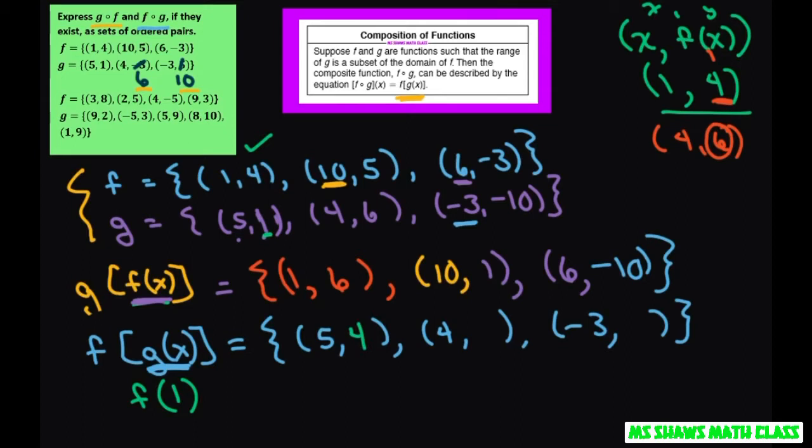Now we want f of g. This should have been a g of 1. So now we have g of 4 is 6. And then you go to f, and f is going to be negative 3. So this is negative 3. All right, and then we have negative 3. So g of negative 3 is negative 10.